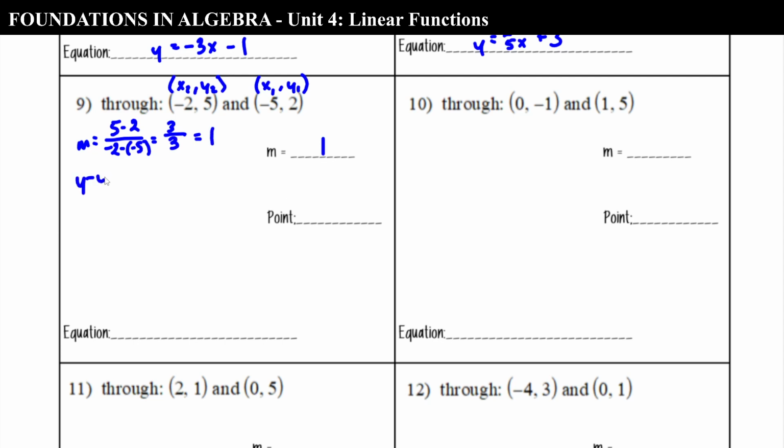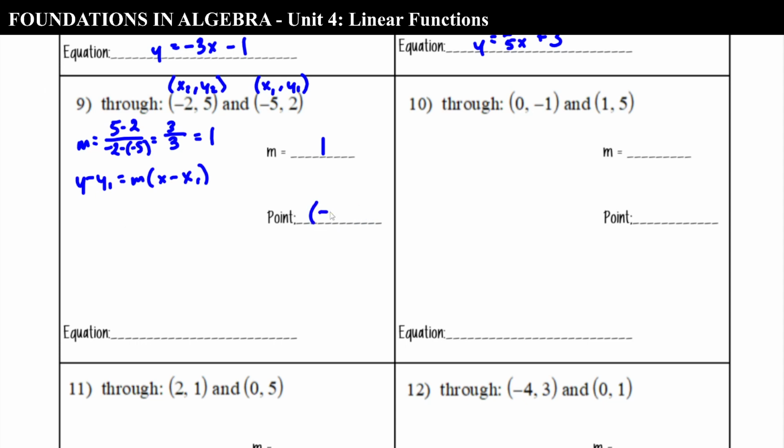So now we're going to plug in y minus y1 equals m times x minus x1. And here it's kind of a draw. Let's go ahead and use, you know what, let's use the second point and see what we get. We'll use the first one.